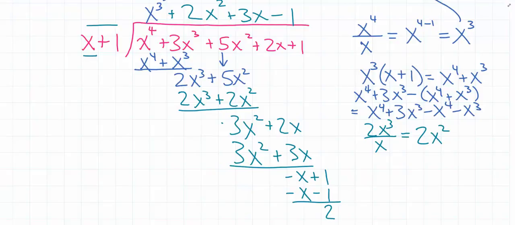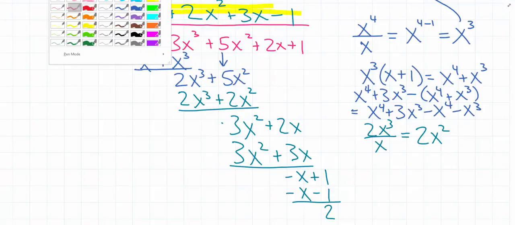Now, here's the thing. We took this polynomial, divided it by another one, and we get a quotient. This right here, this top, this is the quotient, all of this. And then we have a remainder. So here's what we write.